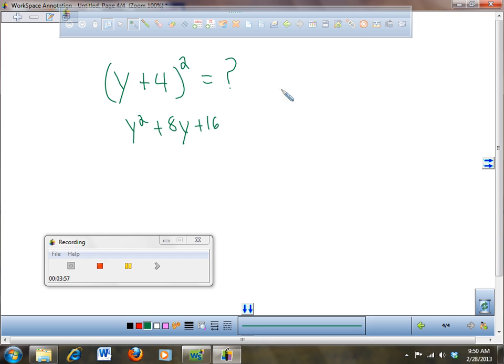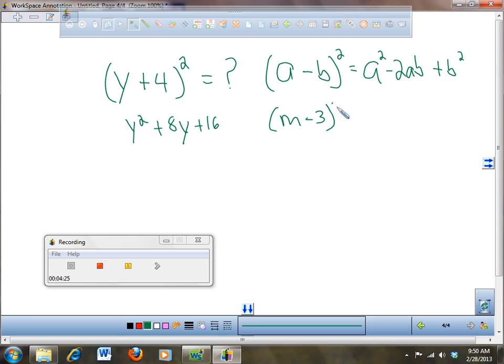Thanks. All right. So there's another formula for a minus b squared, and it's almost the same, but it is a squared minus 2ab plus b squared. So for example, if you could multiply m minus 3 squared using that formula, you try. It's going to be m squared.